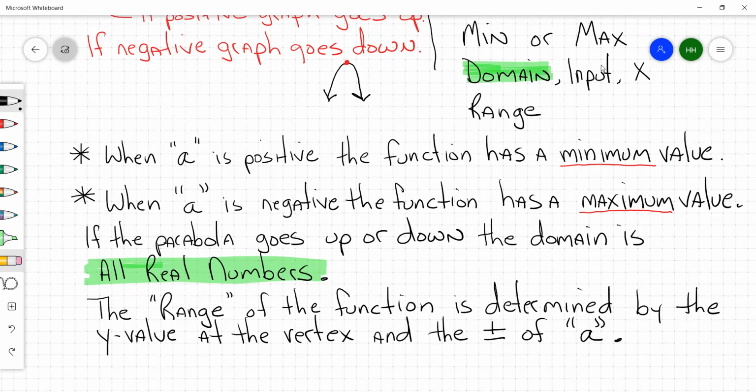I'm going to show you how that works here in just a second. The range of the function is determined by the y value at the vertex and the positive or negative of a.